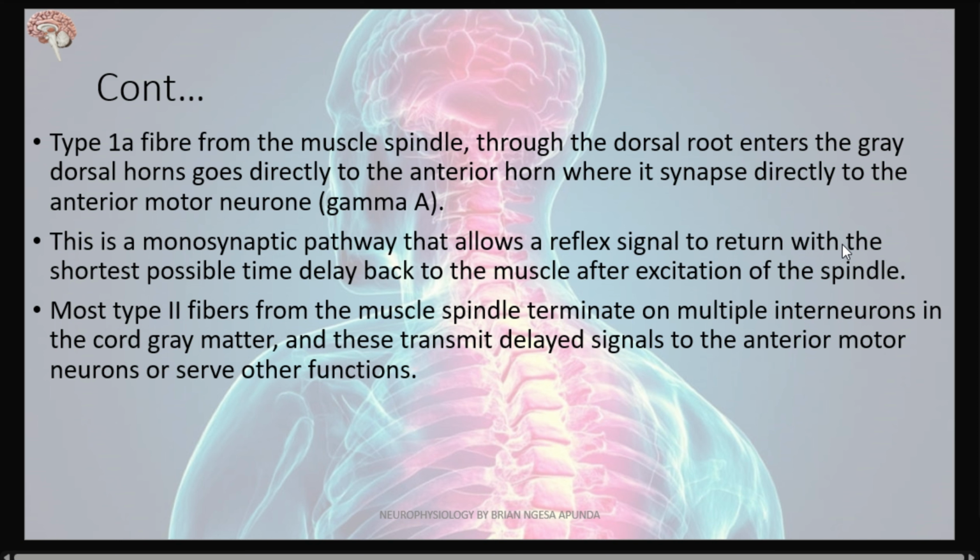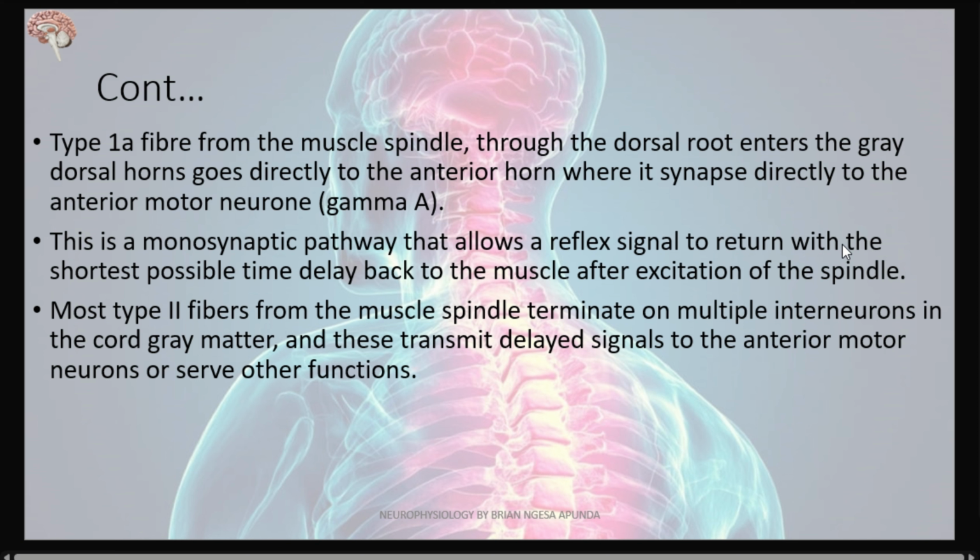With the gamma, we have the static and the dynamic part. Remember this, because it is fast, it should be a dynamic response, and the sensation that we are getting is likely from the primary sensory endings that involve both the nuclear bag and the nuclear chain.